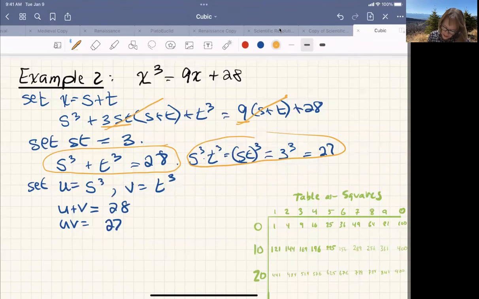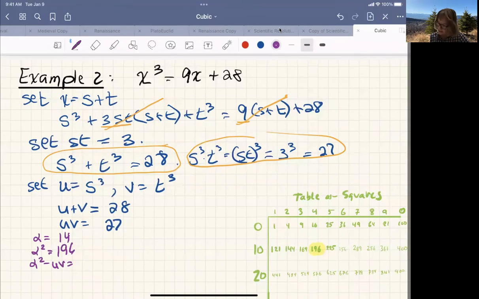So now let's go ahead and use the Babylonian method to solve this. So we're going to get alpha is going to be u plus v, which is 28 divided by 2, so that's 14. Alpha squared, well, we can go ahead and look at our table of squares, and we see that we get 196. Now let's go ahead and do alpha squared minus uv.